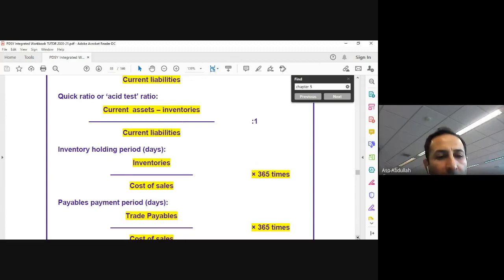Imagine you are a manufacturing company producing goods, and you are going to calculate how long your inventory stays in the warehouse. Then you compare inventory with the cost of sales.